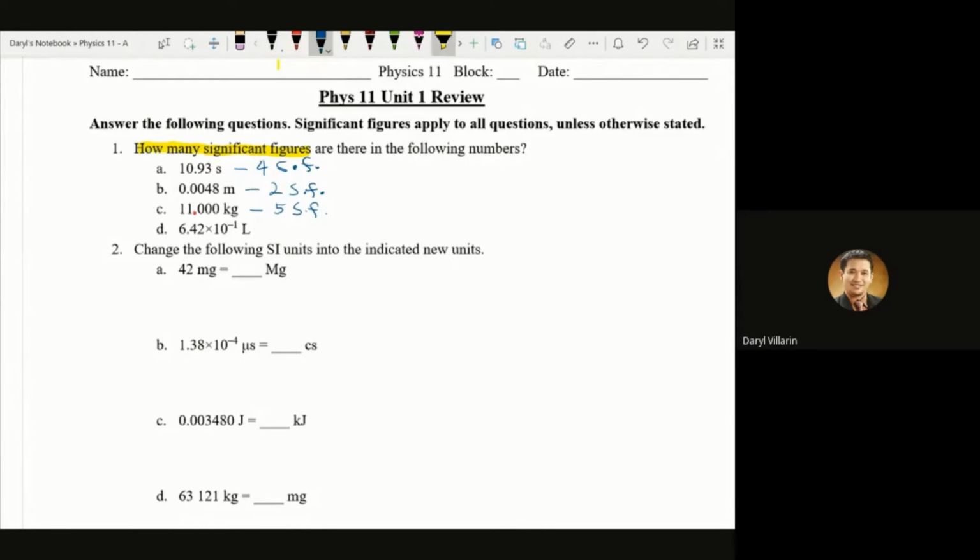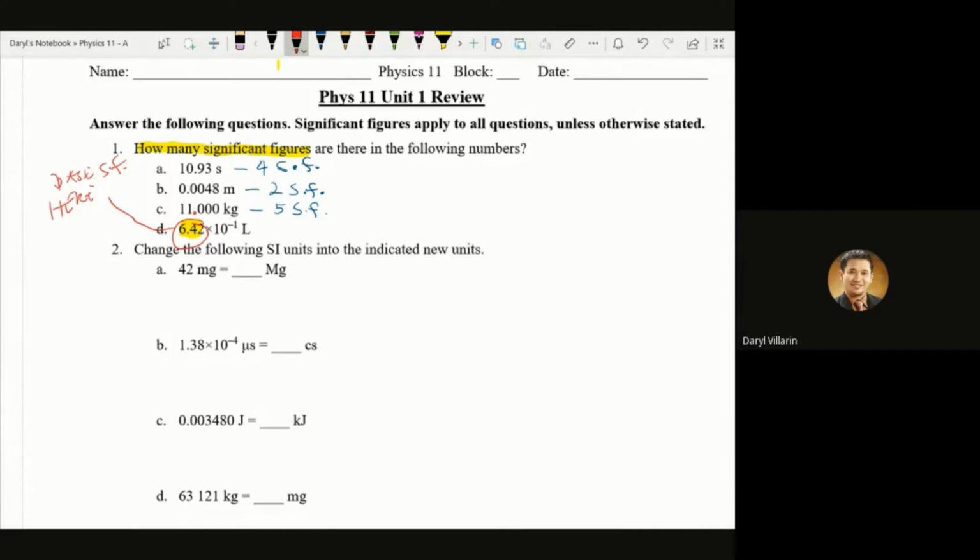And for letter D, if you encounter a particular measurement expressed in scientific notation, you just have to take note of the M. So this is where you base your SF, just on the value of your M. Don't mind the times 10.